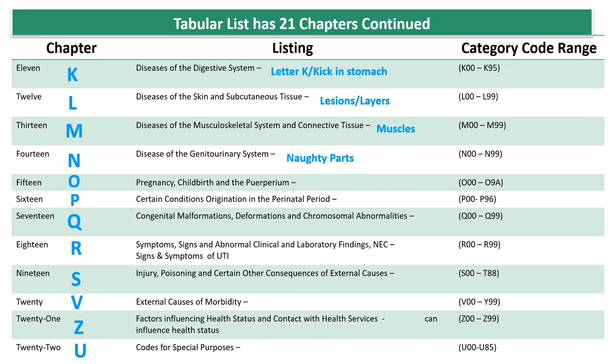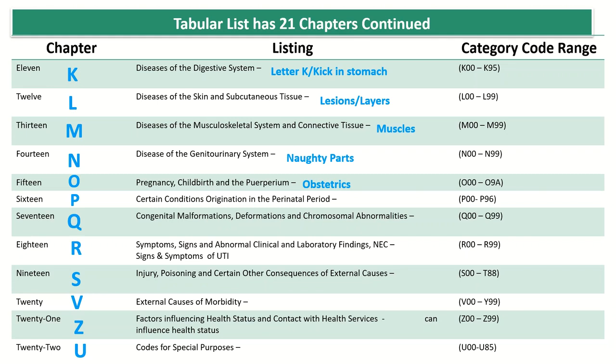Chapter 15, you'll find them in the chapter Pregnancy, Childbirth, and the Puerperium. Pregnancy-related conditions begin with the category letter O, O00 through O9A. And when we think of O conditions, we think of obstetrics, right?